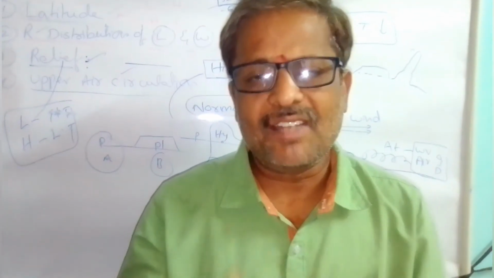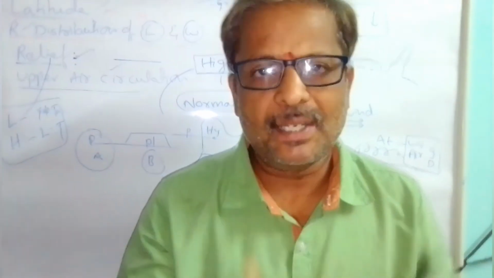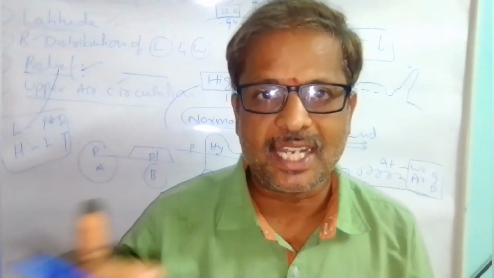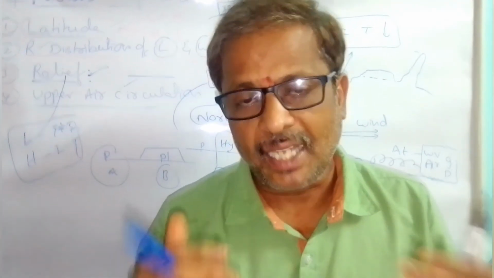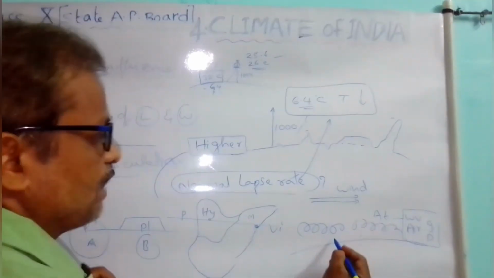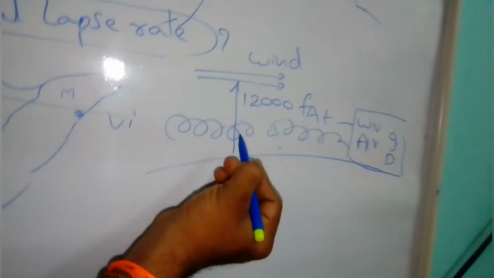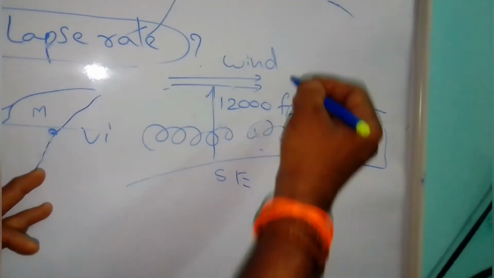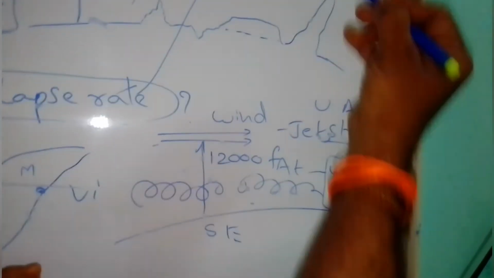At higher elevations, air is flowing fast, because on the immediate surface of the earth, the forest areas, hills, hillocks, mountains, plateaus, even the living areas, air is unable to move fast. But nearly 12,000 feet above the surface of the earth, air is moving freely and fast. This fast moving air is called a jet stream, also called upper air circulation.